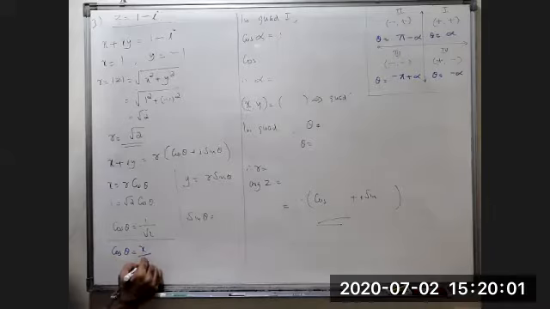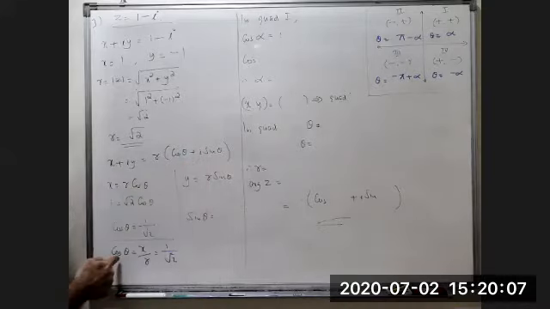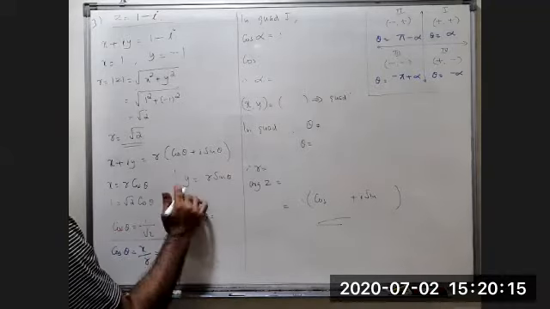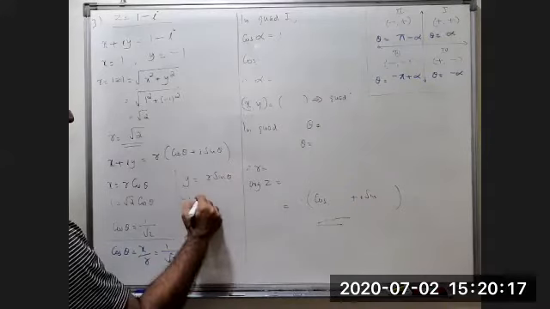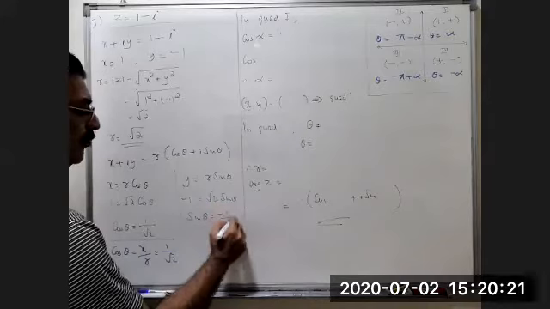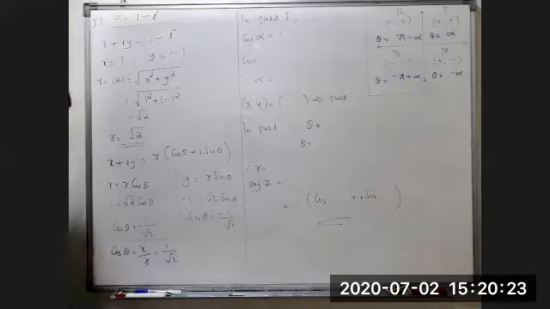Instead of writing all those things, you can directly write cos theta is x by r, sin theta is y by r. No problem. Here y is minus 1, r is root 2, so sin theta is minus 1 by root 2.